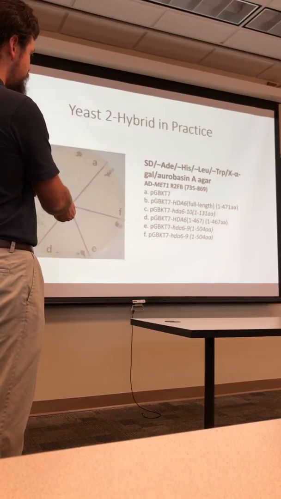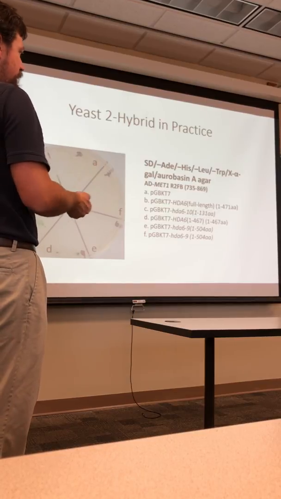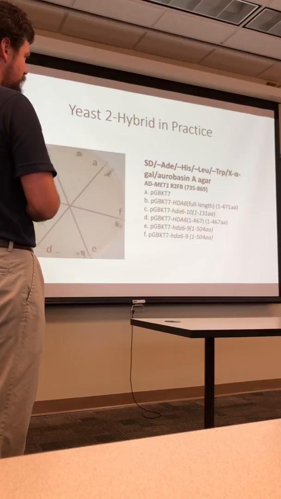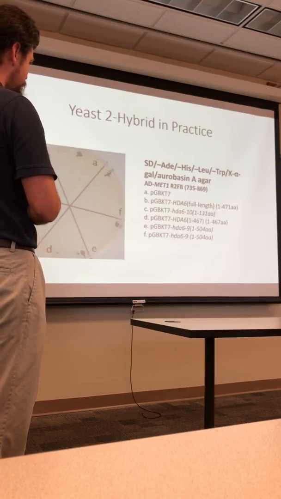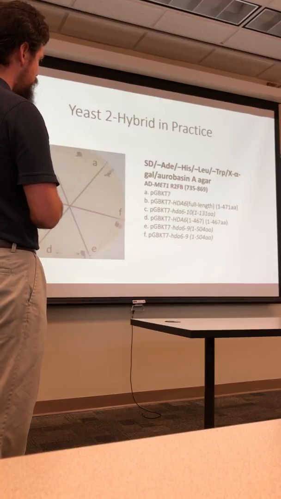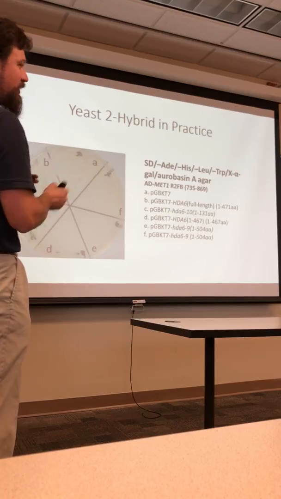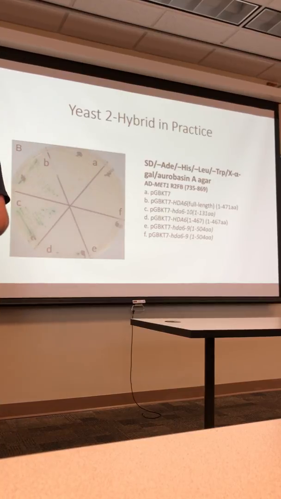Then they go to HDA9, a different, mutant one, and they want to know if it interacts with that. What's the difference between E and F? It doesn't say. Doesn't matter. You get the idea. It's just for a conceptual thing.